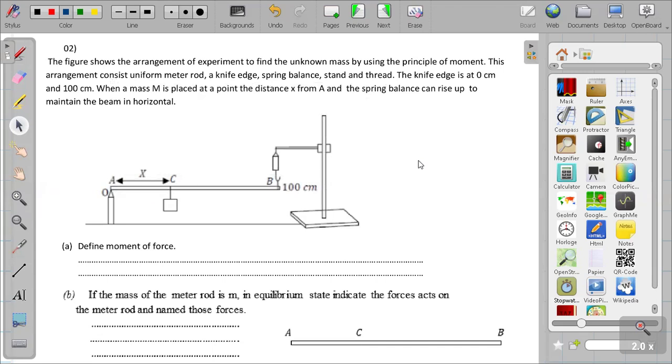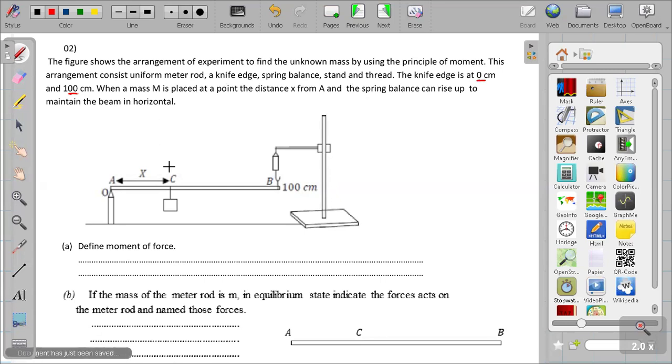Okay, I will discuss. The figure shows the arrangement of an experiment to find the unknown mass by using the principle of moments. This arrangement consists of a uniform meter rod, a knife edge, a spring balance, a stand, and a pan. The knife edge is at the 0 to 100 centimeter scale.